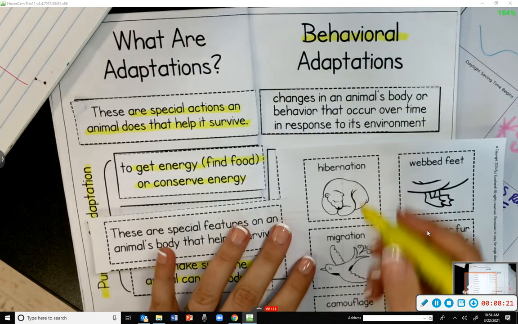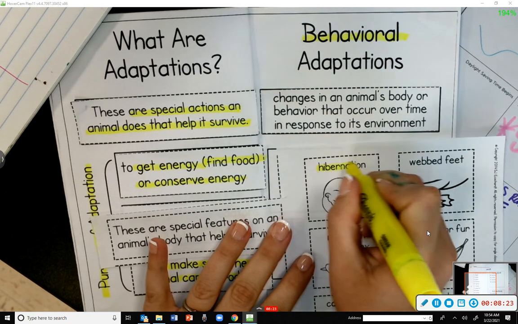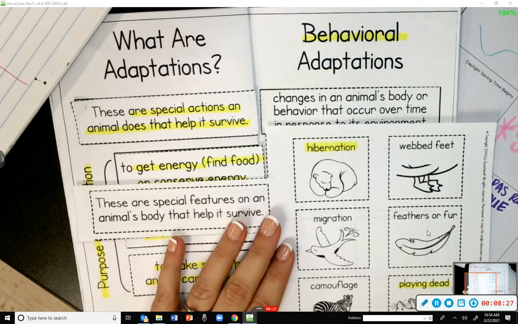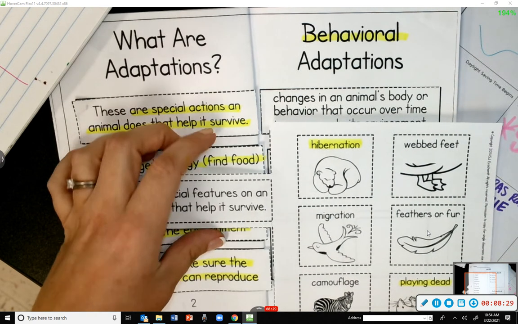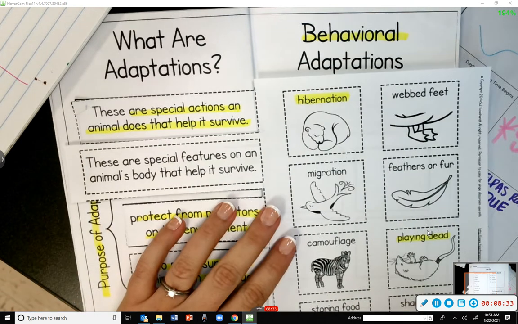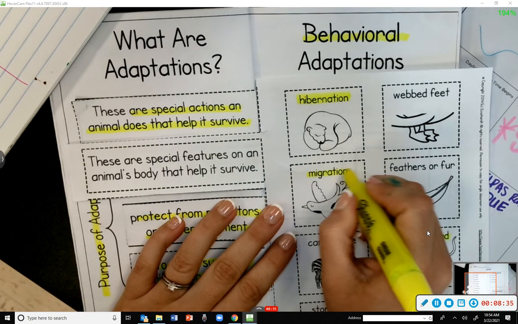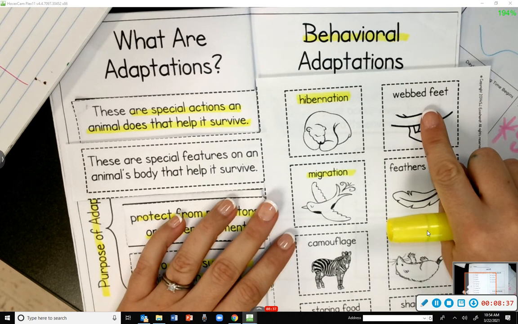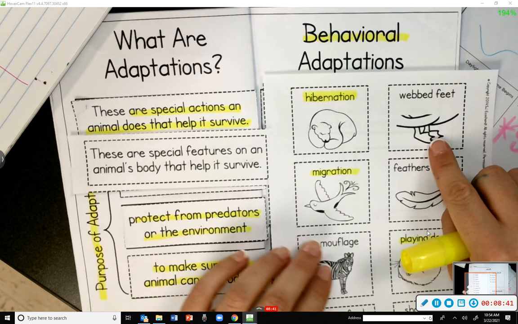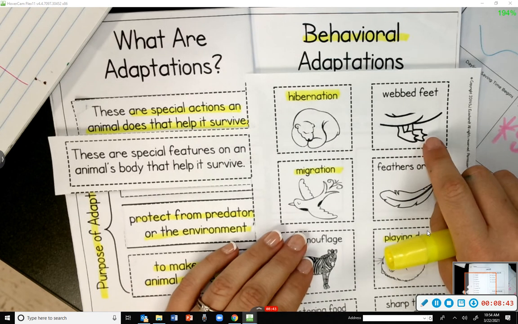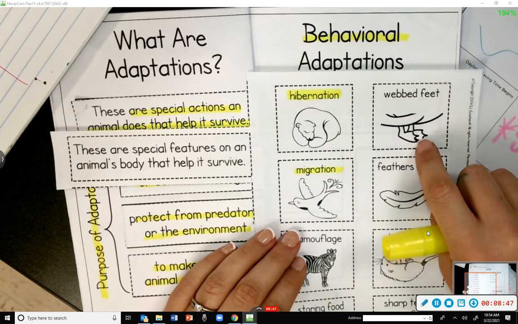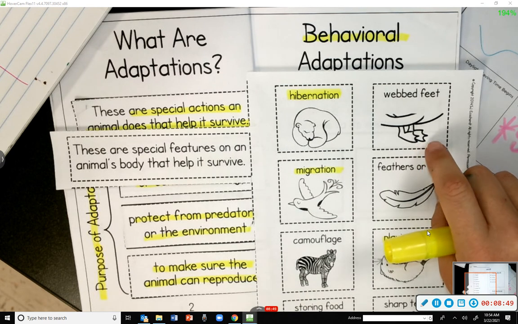That's not a physical adaptation because it has nothing to do with their physical body. Okay. What about migration? That is behavioral. Webbed feet. So a duck has webbed feet to help it swim better, right? Is that a physical or behavioral, you think? Physical. That's physical because that's the part of its body.